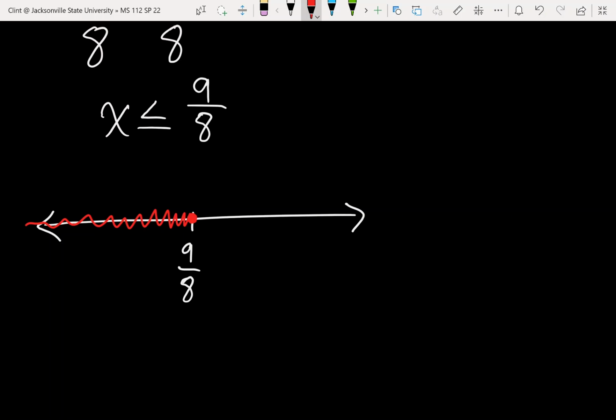And we've got one other way we want to be able to express our solutions, and that is what we call interval notation. Interval notation is when we have parentheses or brackets around a couple of numbers to talk about where a piece of the number line starts and stops.